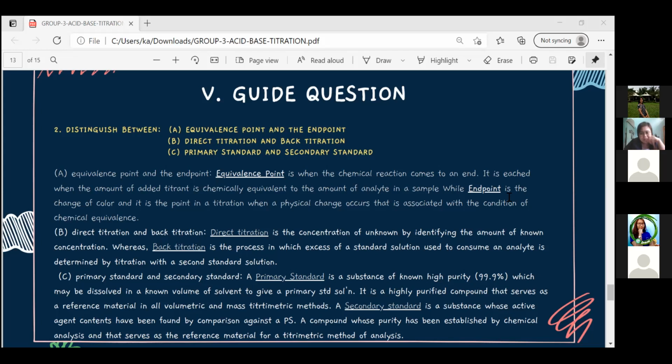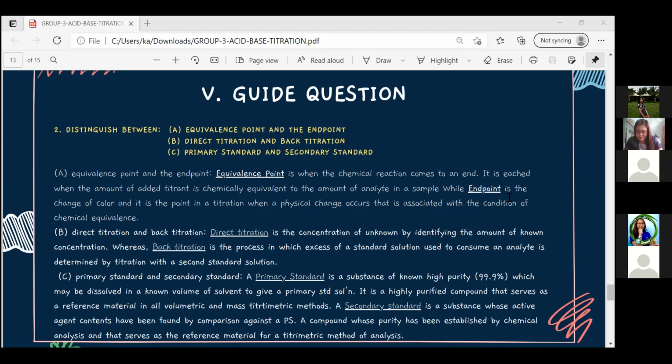Pero sa back titration is iba. Titration method used to determine the concentration of unknown using an excess amount of compound with known concentration. So, instead of one chemical reaction, sa kanya ay dalawa, because it needs two known compounds para magawa ang method na to.